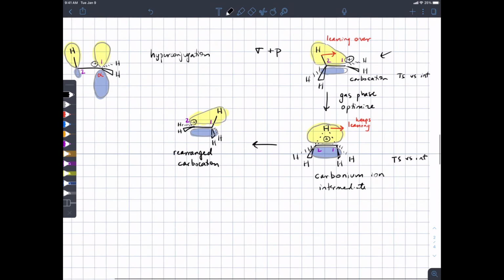And in fact, this process happens all the time with carbocations. CH bonds and even carbon-carbon bonds on beta carbons, that is, the carbons adjacent to alpha carbons, can lean over, pass through the carbonium ion, either intermediate or transition state, and then become rearranged.